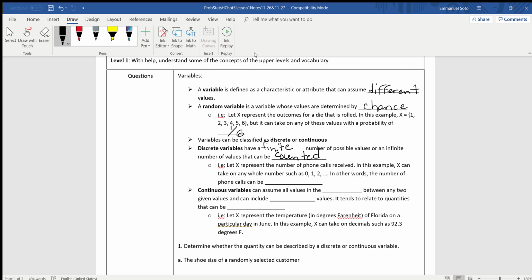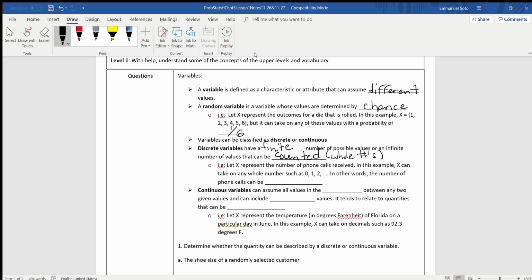For instance, with the die roll, you can take on 1 through 6, and those are countable values. They're whole numbers, and you have a finite number of possible values. So in the case of a die roll, that's going to be something that is discrete.